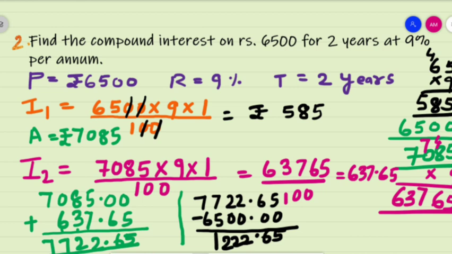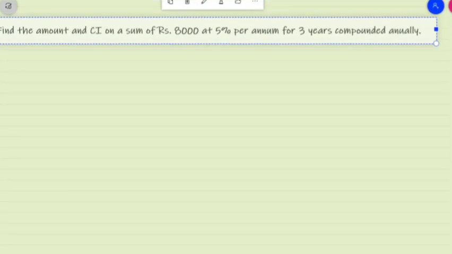So the compound interest he will be earning after the second year is 1222.65. So this is the amount.